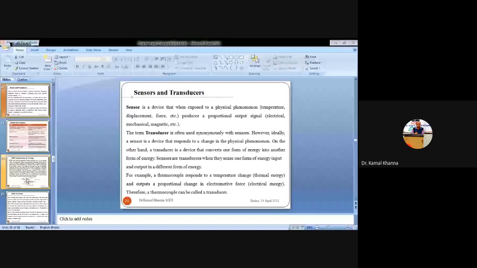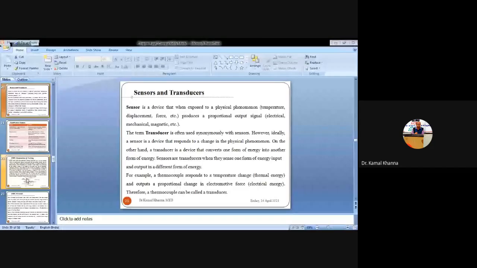Whereas the transducer is basically paired with the sensors, and it is used whenever you want the output in the desired format. Whenever you have applied some input to that particular device and installed the transducer in the system, the function of the transducer is to convert that output into the desired output.